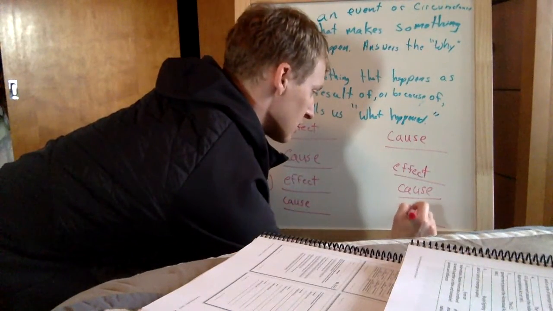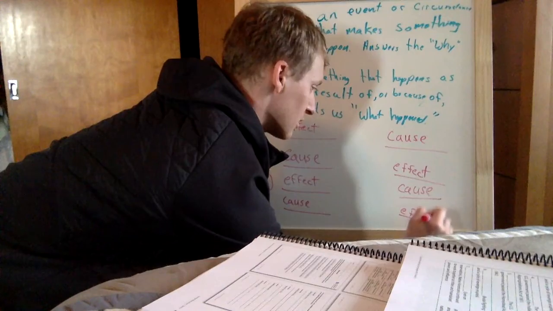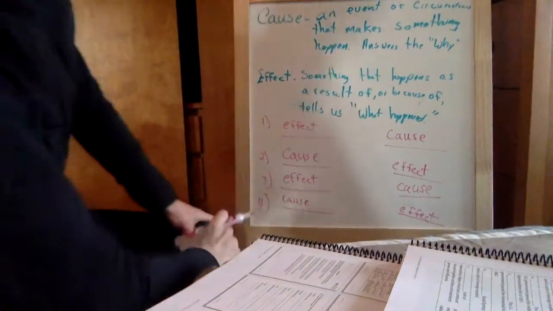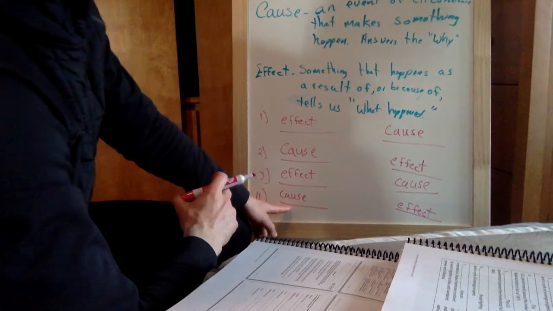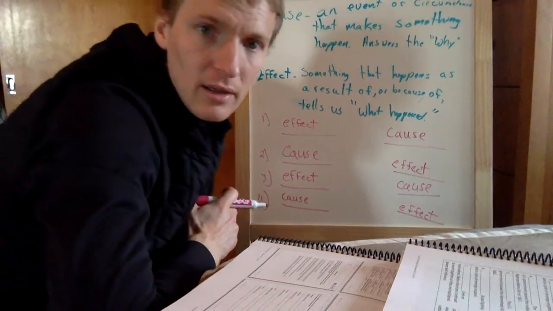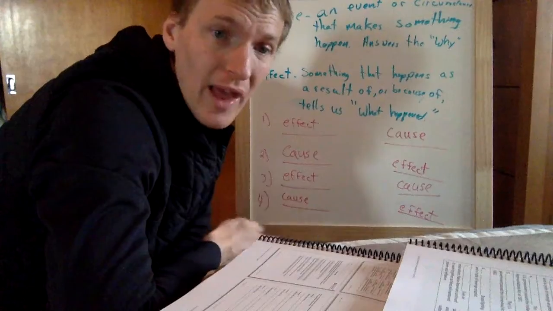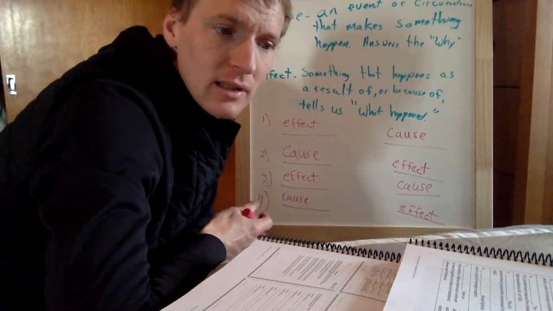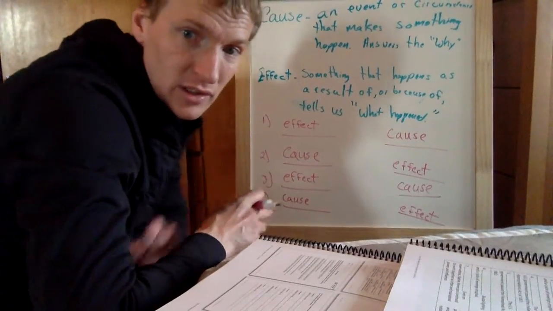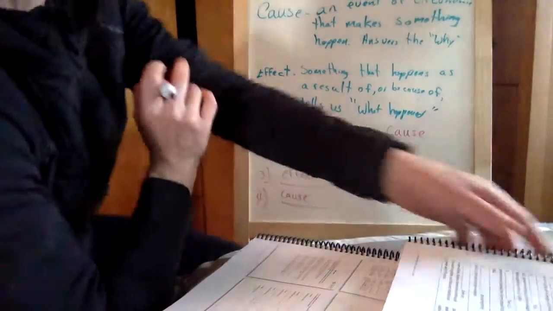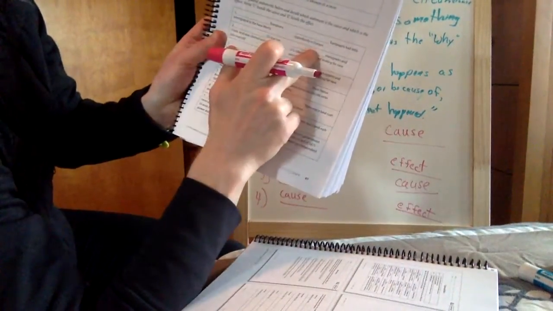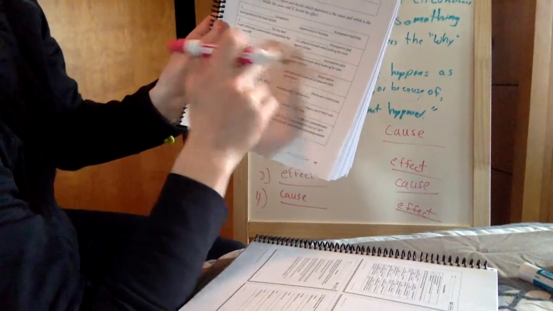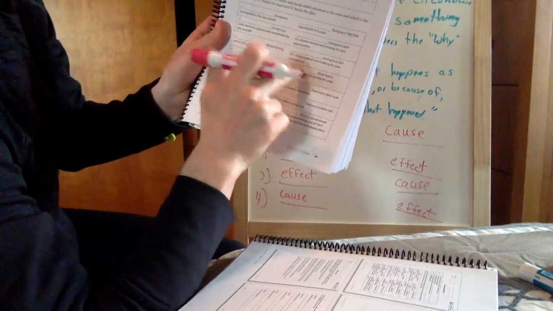Second one is the effect. So what happened was, once we started passing the appropriations, then what did happen to all the Indians? They were forced to move onto the reservations. Okay? So the first one should say effect, cause, cause, effect, effect, cause, cause, effect.